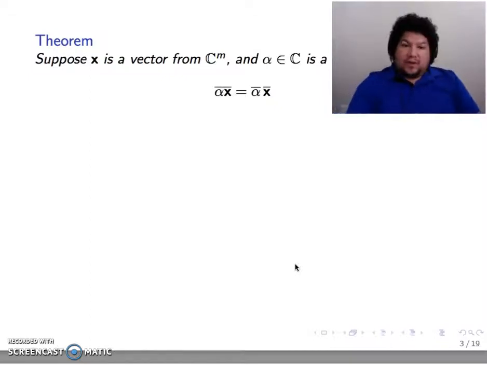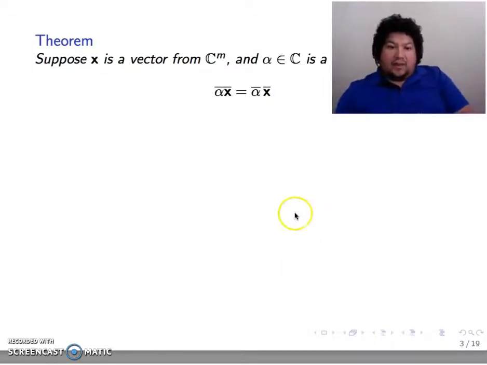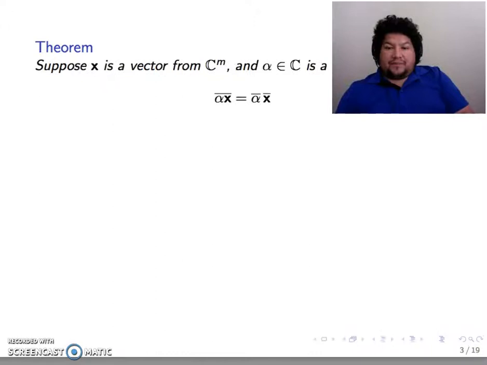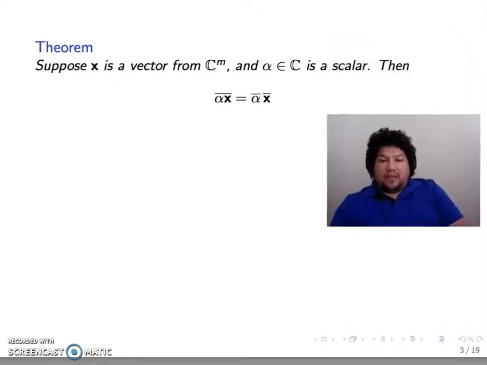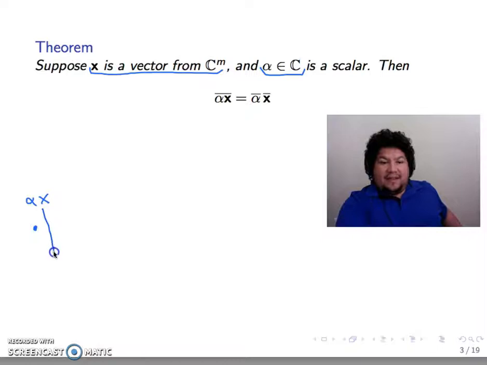The other thing to keep in mind has to do with multiplication. Consider the multiplication of a scalar alpha with a vector x in C^m. Here's the scalar and here's the column vector, and that operation is a column vector on its own.